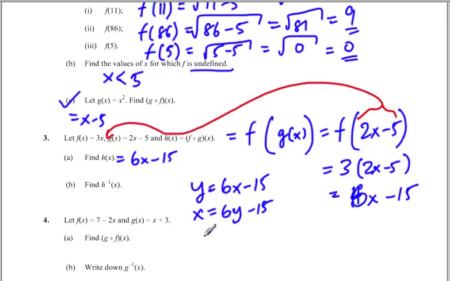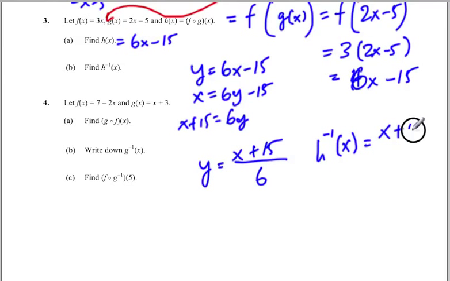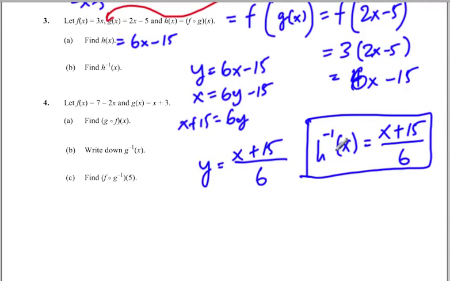So then this becomes x plus 15 equals 6y, and so y equals x plus 15 divided by 6. So finally, h inverse of x is equal to x plus 15 divided by 6, and this is our answer.